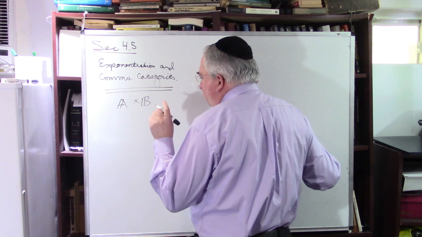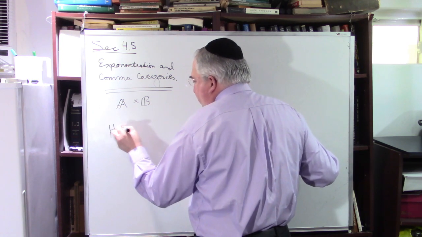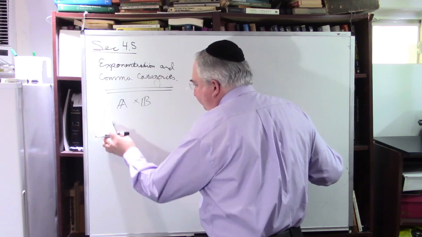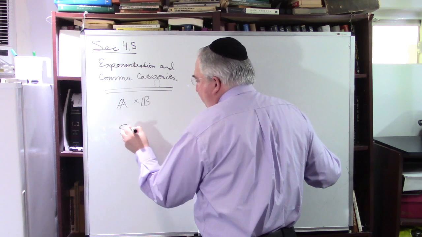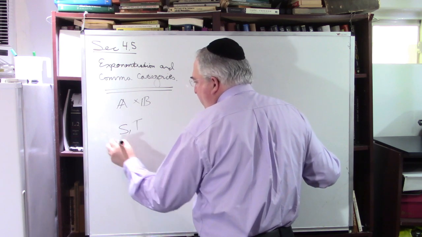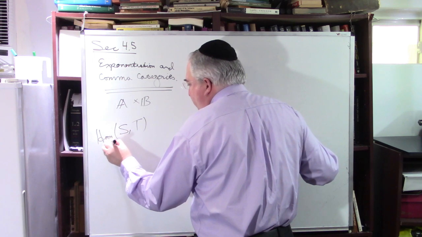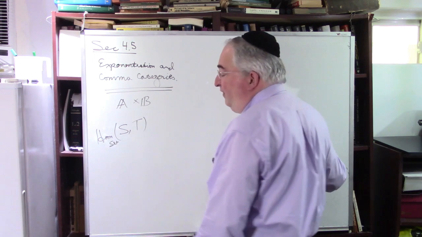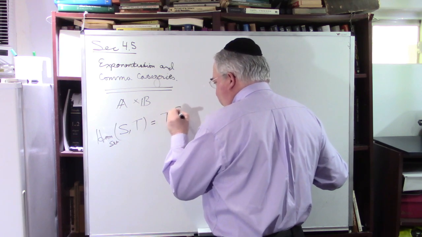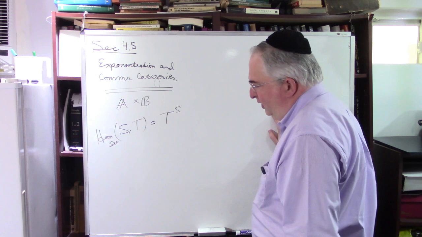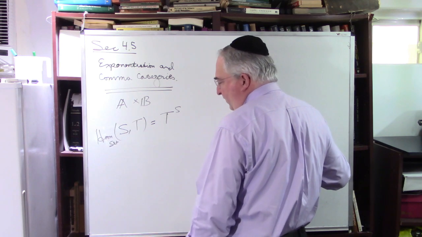So let's go back to sets for a second. We always get our intuition from sets. Given one set S and another set T, you can look at the Hom from S to T, namely the function set. We write this also as T to the S. This is the set of all functions from S to T. Very nice.